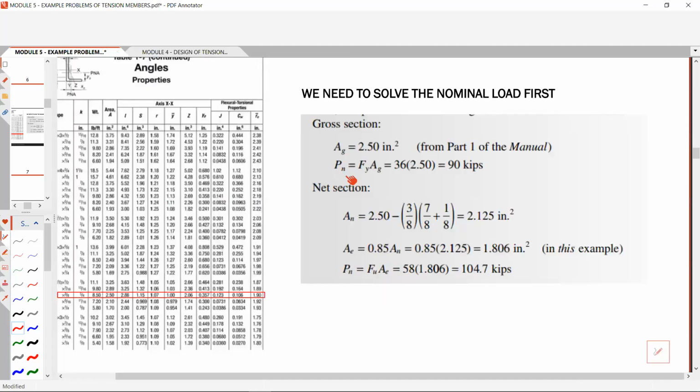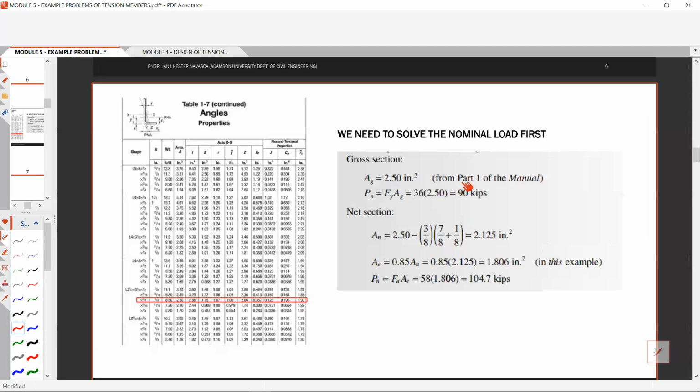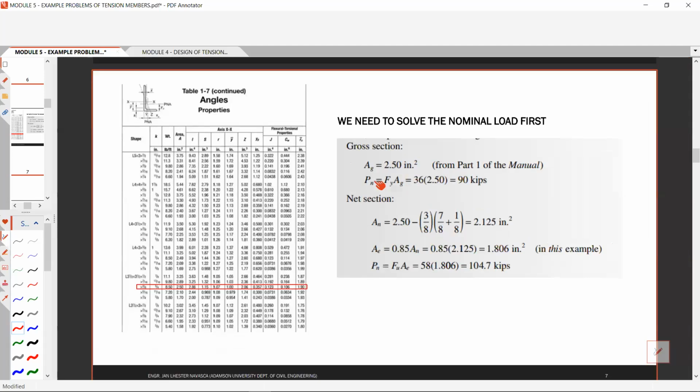So based on gross yielding in the gross section, we have the nominal strength of FyAg. Since our steel section is A36, our Fy is 36 ksi, and we have Ag that is 2.5. Therefore, 36 times 2.5, we have a nominal gross section yielding of 90 kips.